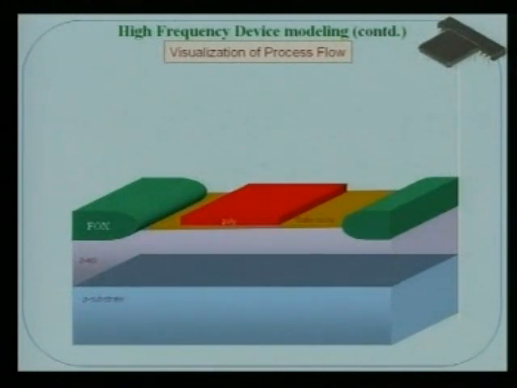How thin? For example, in 0.25 micron technology, the thickness of the gate oxide layer is 50 angstrom, whereas the field oxide for isolation is 2000 angstrom. So it's pretty thick.